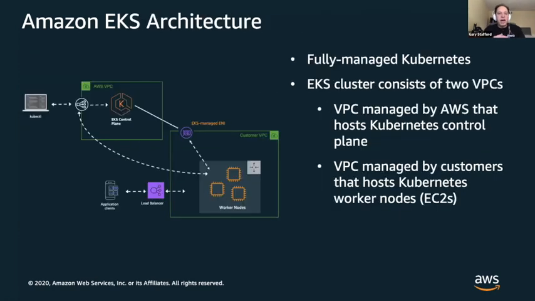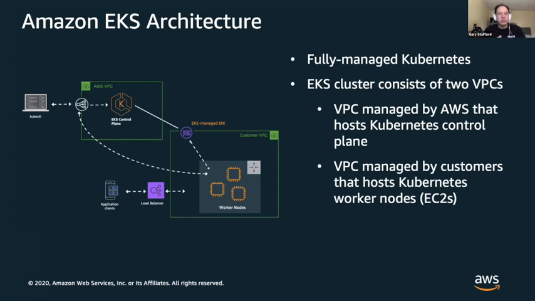Very quickly, at a high level, obviously there are a lot of moving parts with Kubernetes and with a fully managed Kubernetes service, but Amazon EKS is a fully managed service. The cluster consists of 2 VPCs. If you're not familiar with the term VPC, I'm going to discuss that in a minute, so just hold on. But 2 VPCs. The first VPC is managed by AWS, and that hosts the Kubernetes control plane.